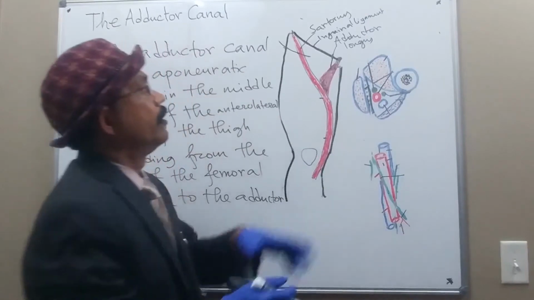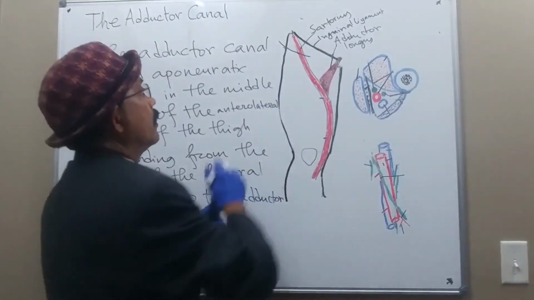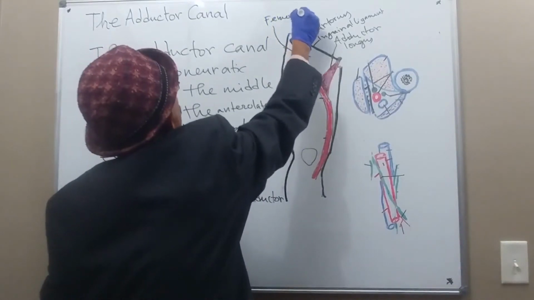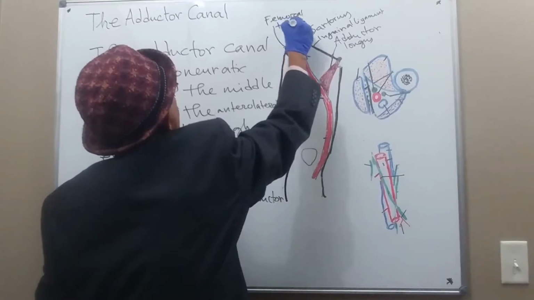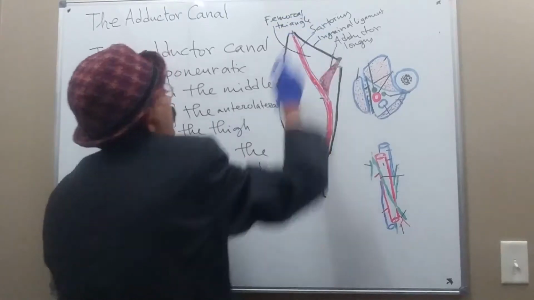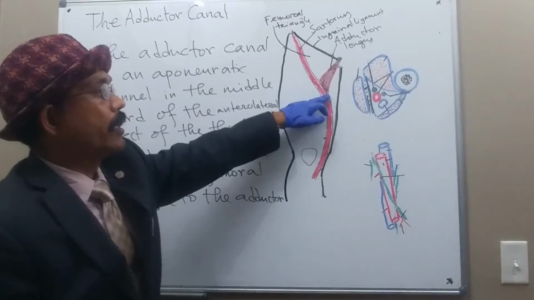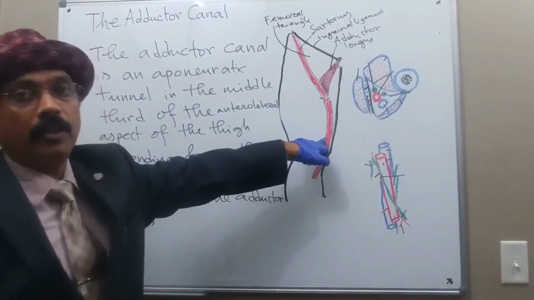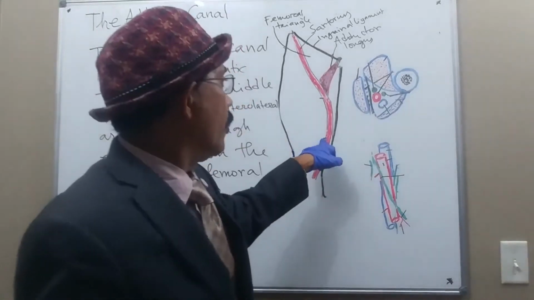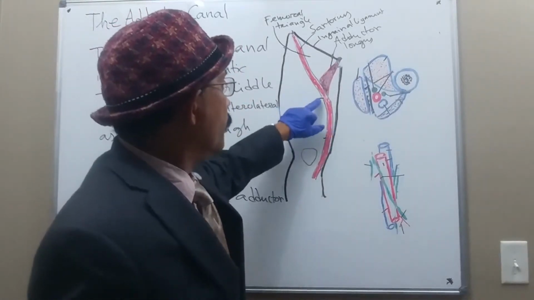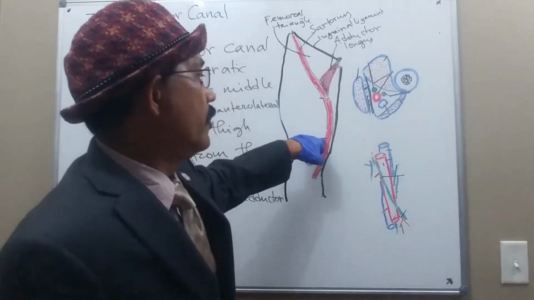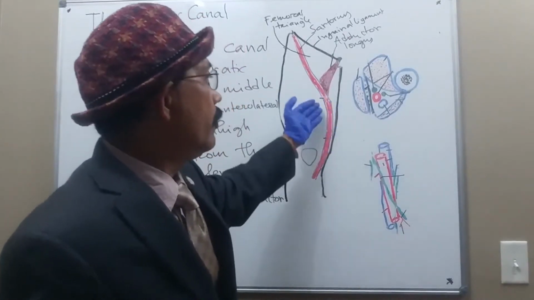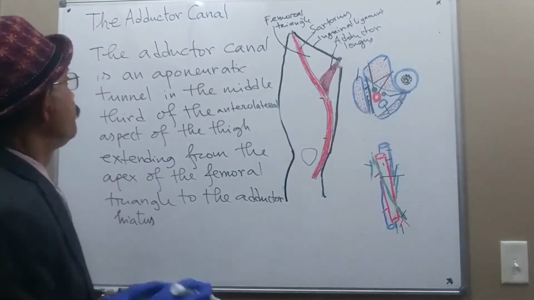So this is the femoral triangle, and this is the apex of the femoral triangle. From here to the adductor hiatus, the lowest opening of the adductor magnus. Okay, this part underneath the sartorius muscle is the adductor canal.